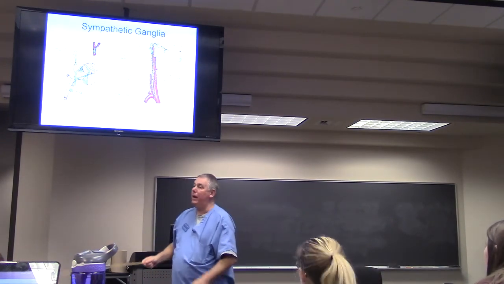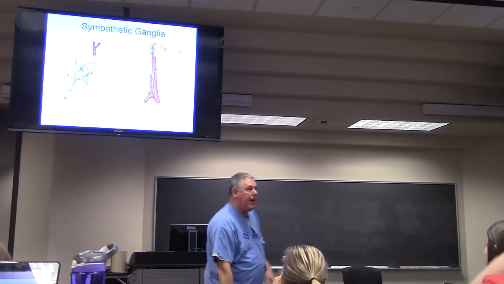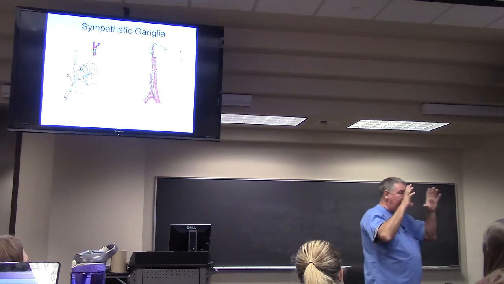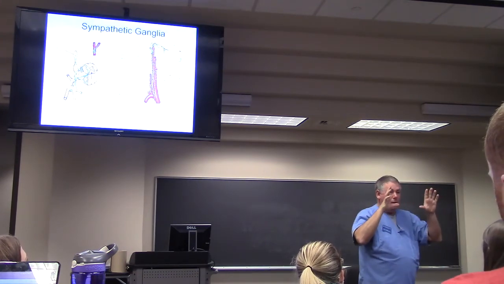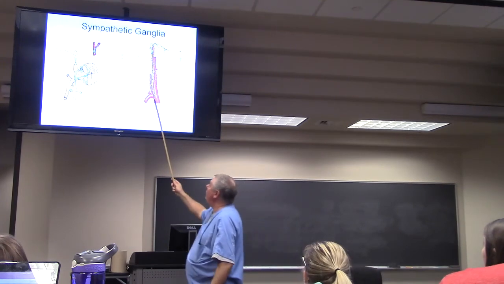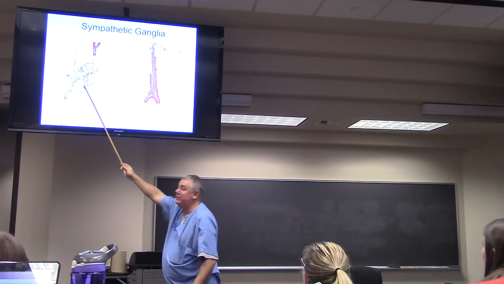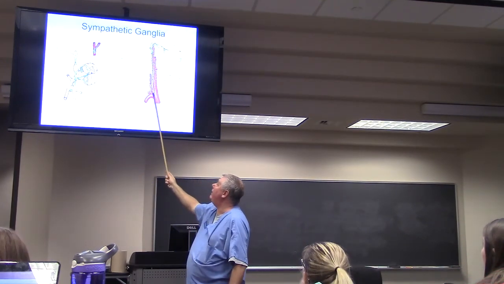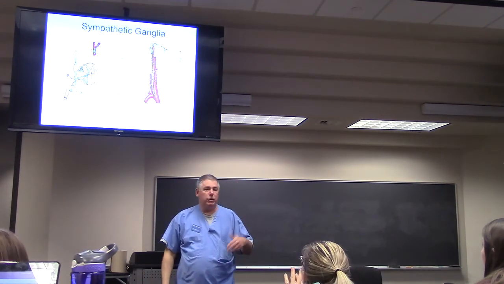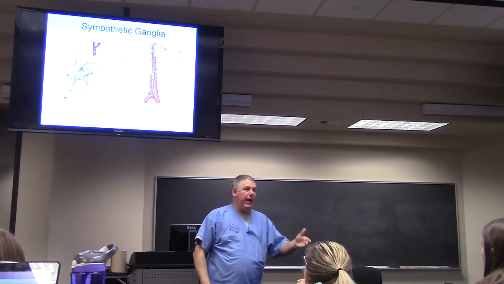So that's preganglionic. So we've got all these sympathetics in the head and neck, right? We know we've got the fight or flight. We've got to have something to dilate the pupils. The way this happens is those preganglionics will ascend and synapse in either the inferior, the middle, or the superior cervical sympathetic chain ganglia.